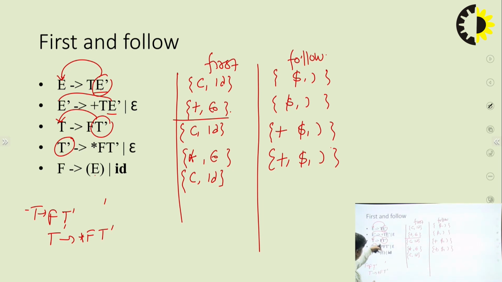In both productions the follow of F is T dash. It means the first of T dash is known as the follow of F. The first of T dash is again plus and epsilon, multiply. Now the follow of multiply is here, no problem, and we put epsilon here. It means this is blank.